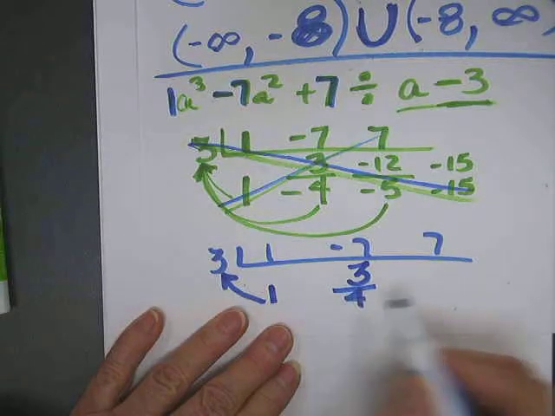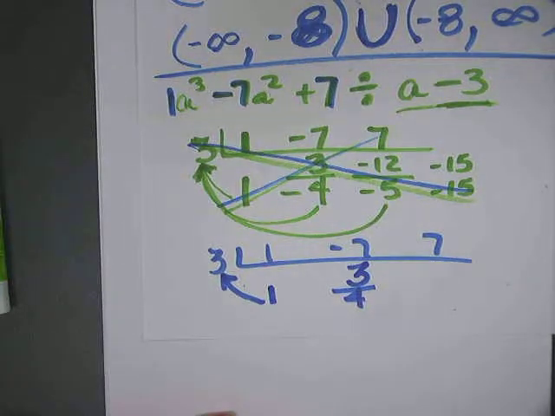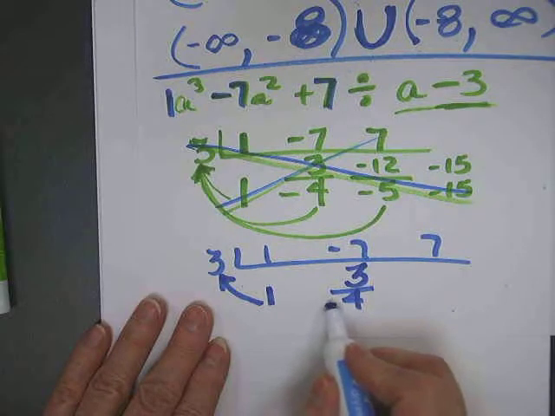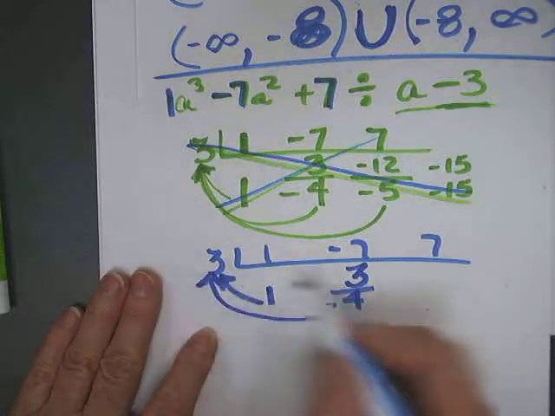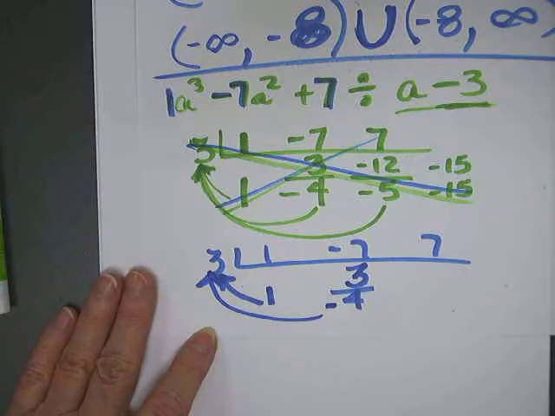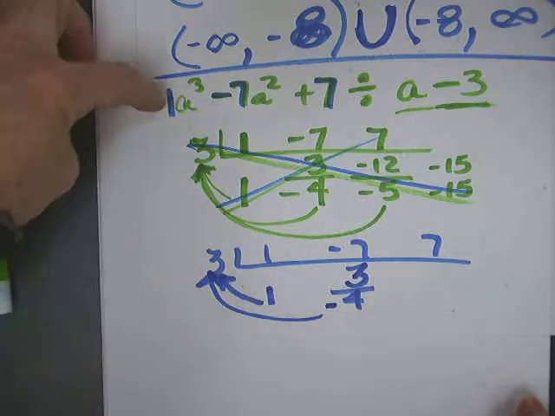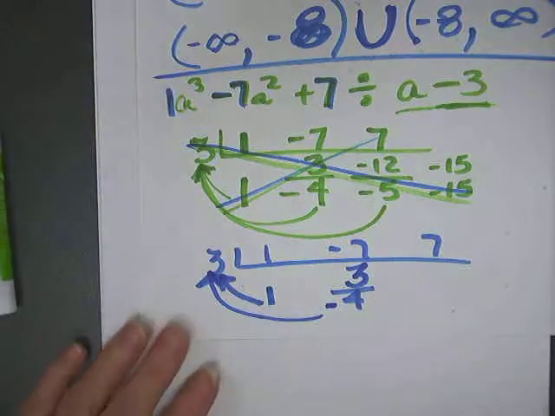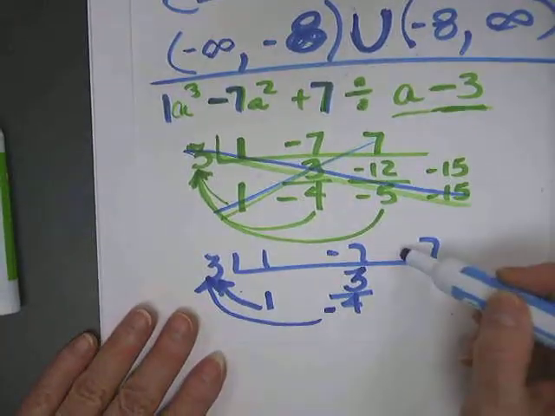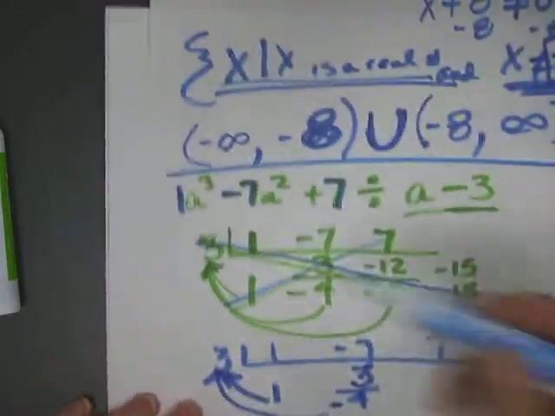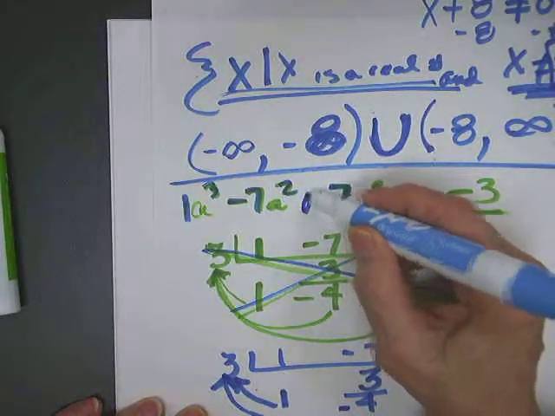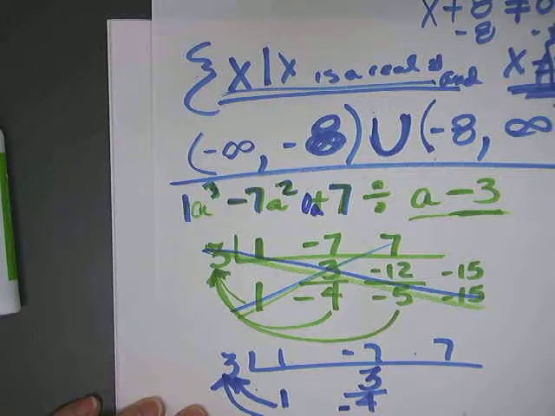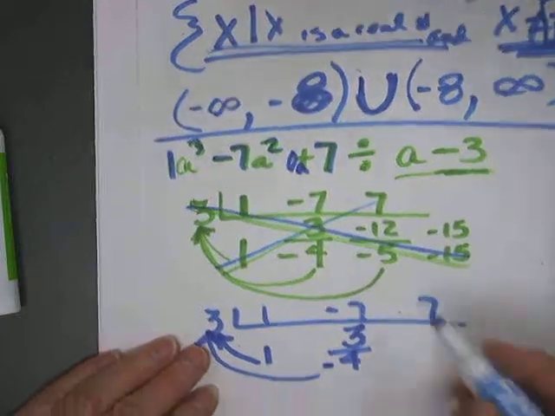Huh? -15, right? Actually goes right here. That's going to be our remainder. How come this one? I don't like it either. That's why I like the other way. It's positive, right?